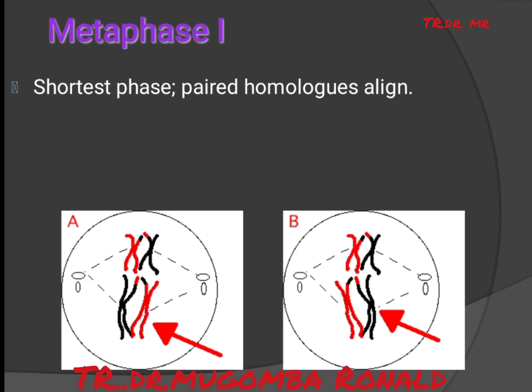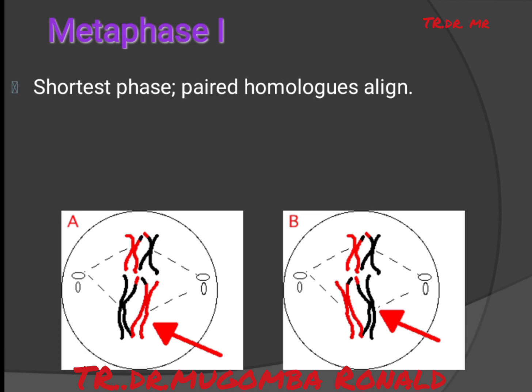When you look at these chromosomes which have aligned themselves at the spindle equator, you can clearly see that they are in pairs. It is not like previously in mitosis where the chromosomes arranged themselves independently of each other, each of them separately.